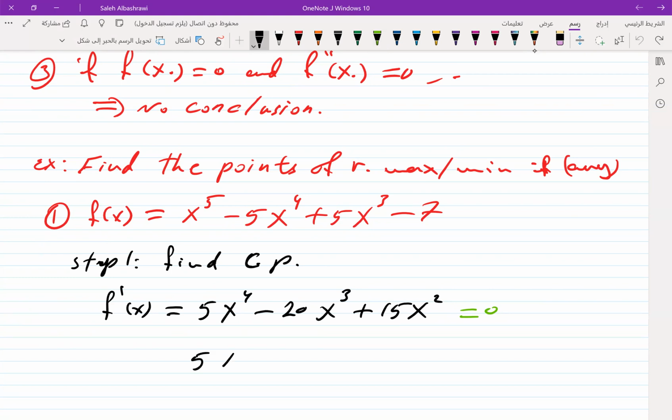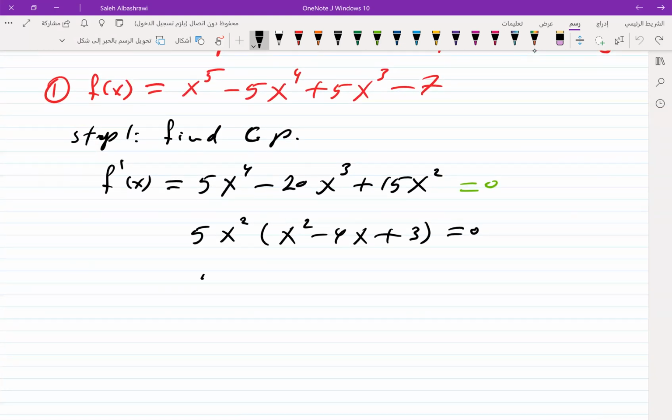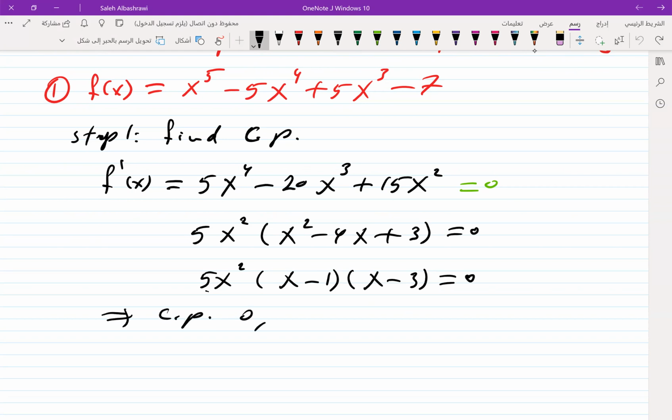We have 5x squared as a common factor. That will be x squared minus 4x plus 3 equal to 0, or it is 5x squared times x minus 1 and x minus 3 equal to 0. This means the critical points are 0 from the first one, 1 from the second one, and 3 for the third one.